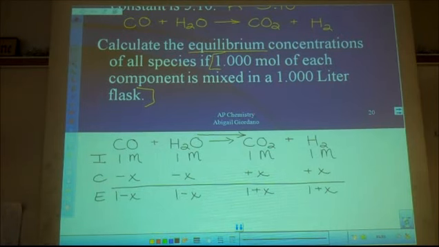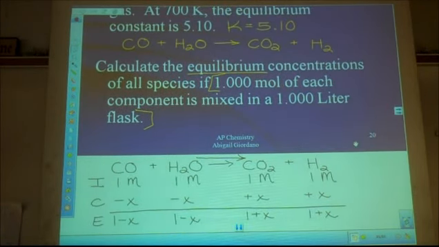And if I can't find X, then I can't solve this problem. Any suggestions on how I might find a value for X? Yes, sir. Okay. Sounds good. Let's write that out and then we'll solve it.